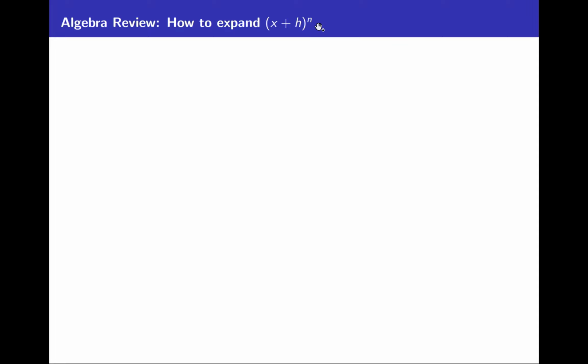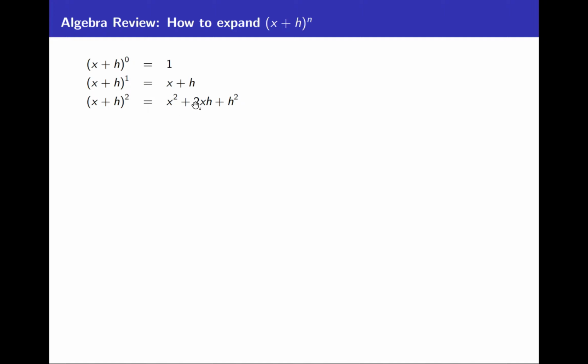where n is an integer. When n is a small number, like 0, say, it's easy. x plus h to the power of 0 is 1. x plus h to the power of 1 is just x plus h. What about x plus h squared? Oh, that's easy. You FOIL that out all the time.